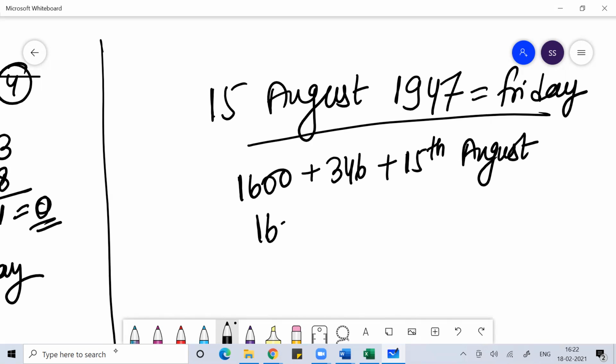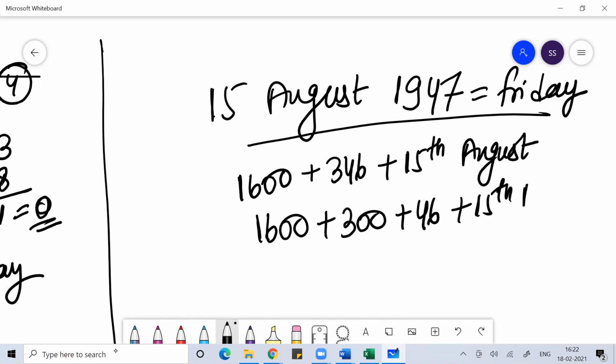So I can write 346 as 300 plus 46, plus 15th August. On the 347th year, the date was 15th August on which we got independence. I hope everyone is getting this concept very clearly.